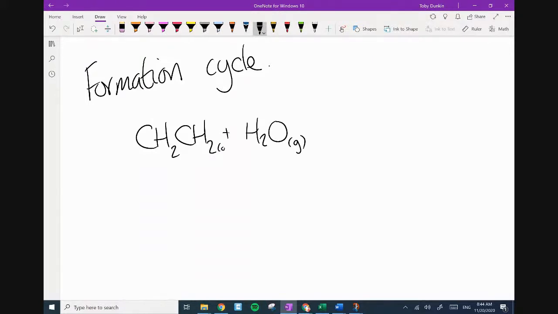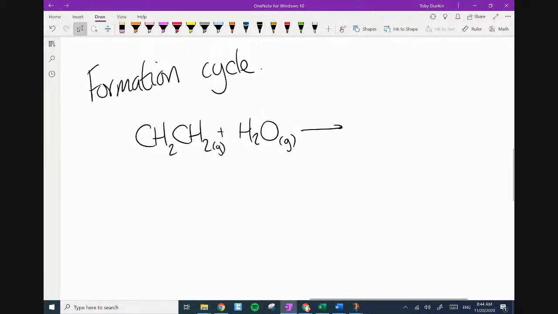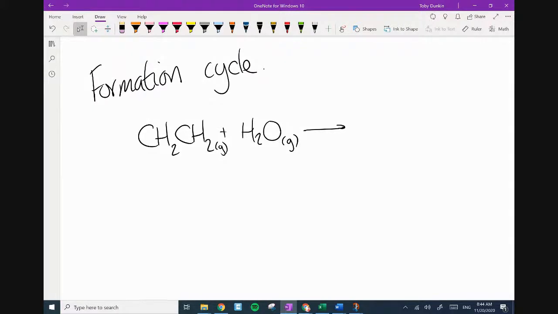It's always nice to do that. Ethene and steam, and it's actually reversible, I shouldn't really have chosen that reaction, it's done now, doesn't matter. And we're going to make ethanol. I'm trying to reinforce the ethanol, if you're wondering.